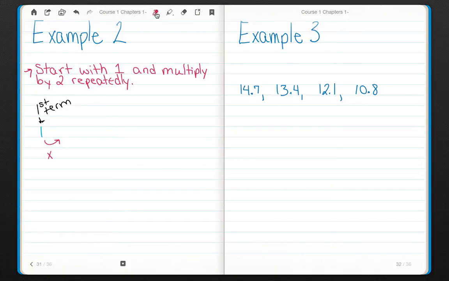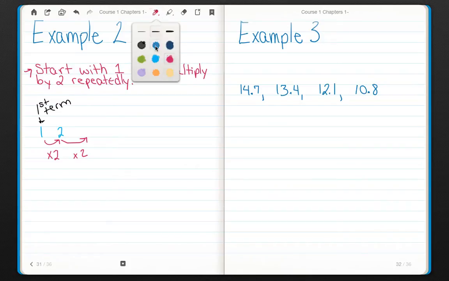Well, 1 times 2 is 2. Multiplying by 2. Sorry, there's my rule. I'm going to keep multiplying by 2. So to get to my next term, I'm going to multiply by 2 again. So 2 times 2 is 4. To find my next term, going to keep multiplying times 2.